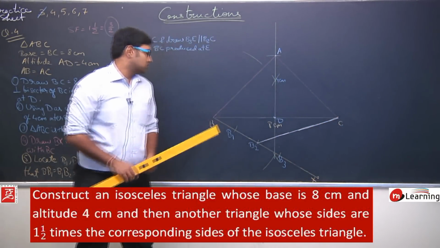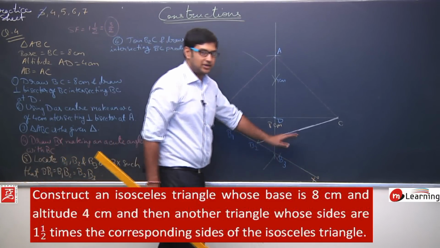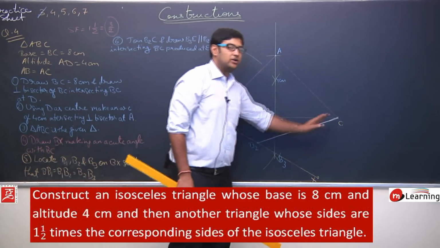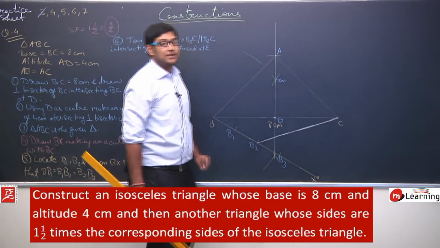Okay, so this is B2C. You can see this is B2C. Now what I will do? I will draw a line parallel to this B2C from this point B3.